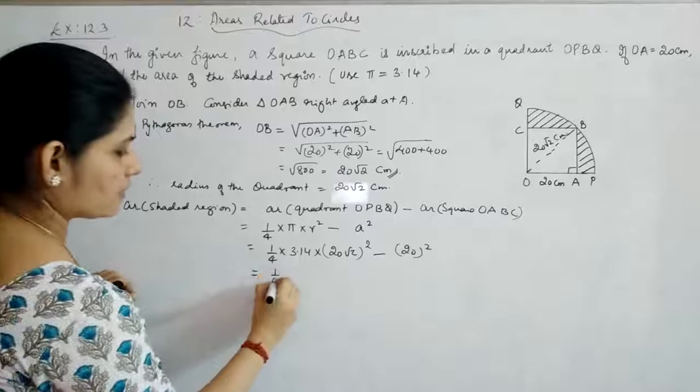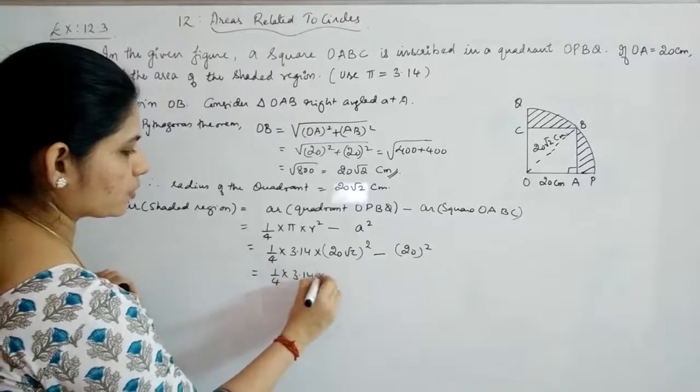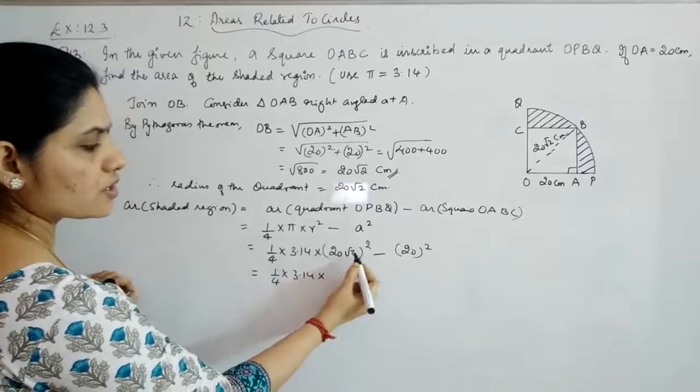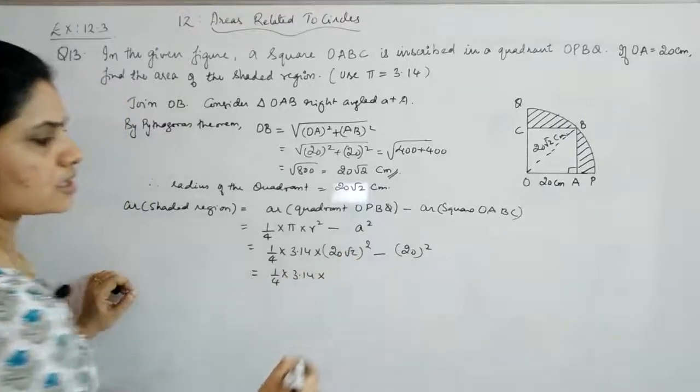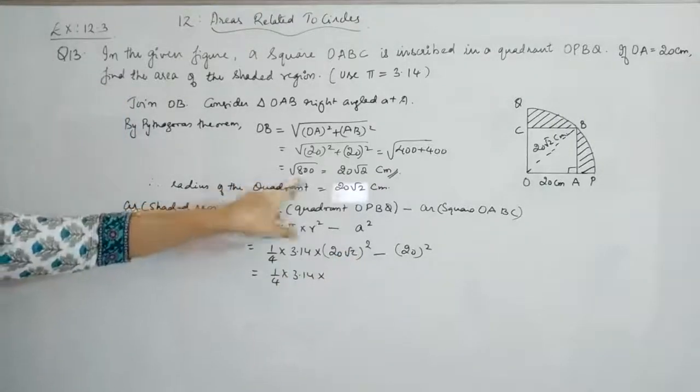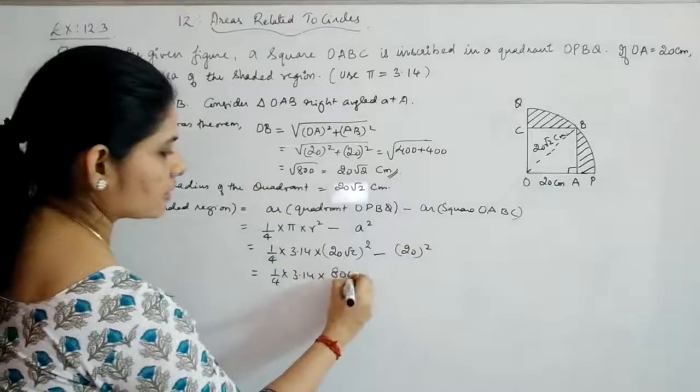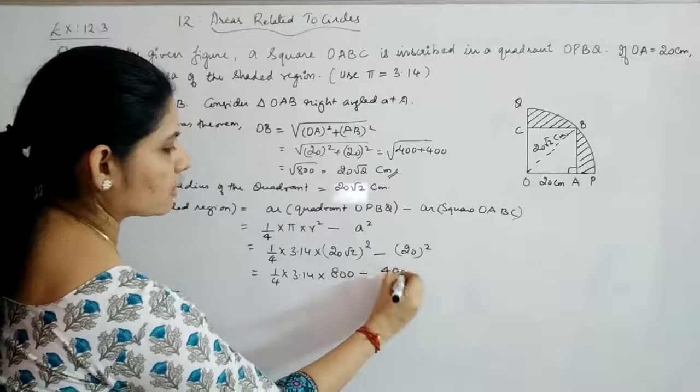We will get 1 by 4 into 3.14 into 20 root 2 whole square, which is 800, minus 400.